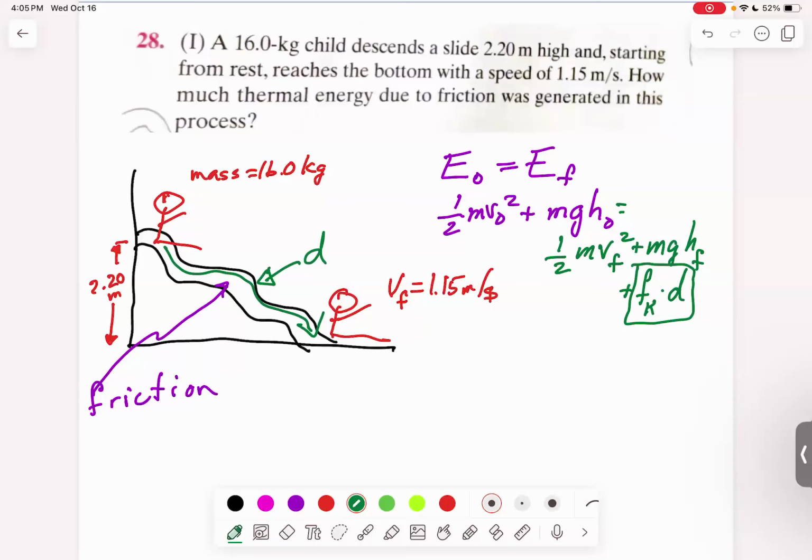The work done by a constant force that's being pushed over a specific distance. So we're going to assume that friction is constant throughout the slide here. So we're not going to be trying to clean that up anymore. We're just going to work with what we have right in here. So we're going to just use that equation all over again.